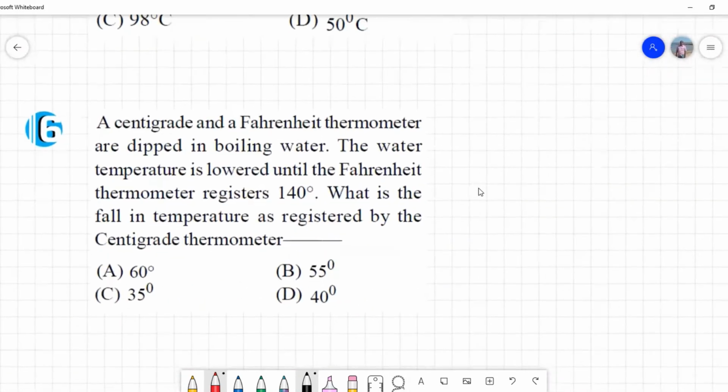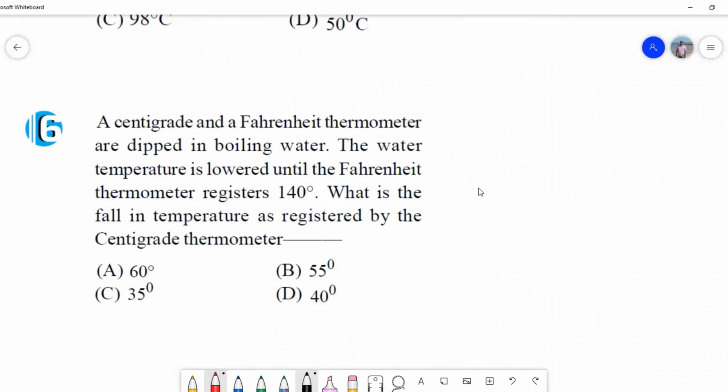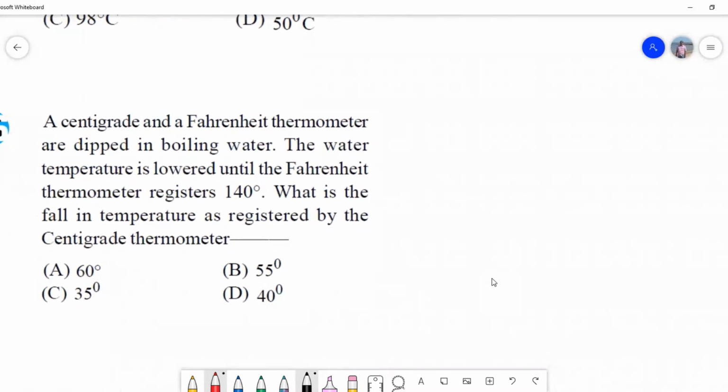Let's move on to problem number 6. What does problem number 6 say? A centigrade and a Fahrenheit thermometer are dipped in boiling water. So there is a bowl containing boiling water. Boiling water means 100 degrees centigrade.